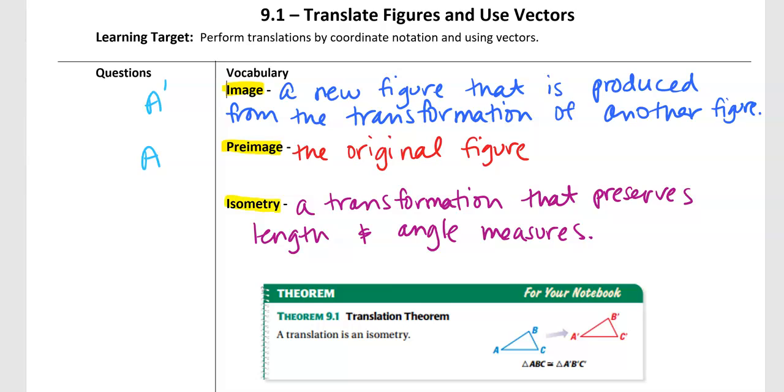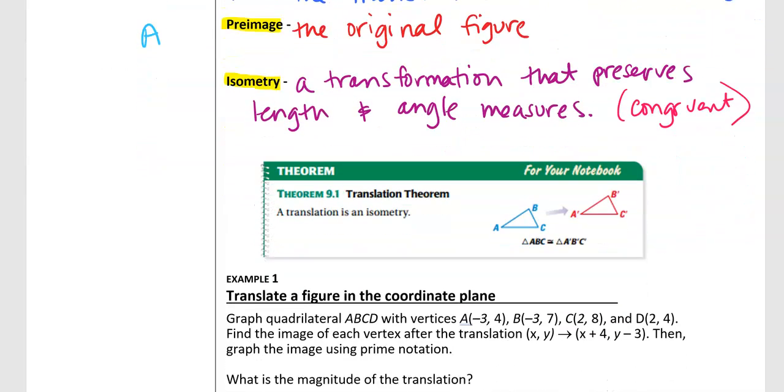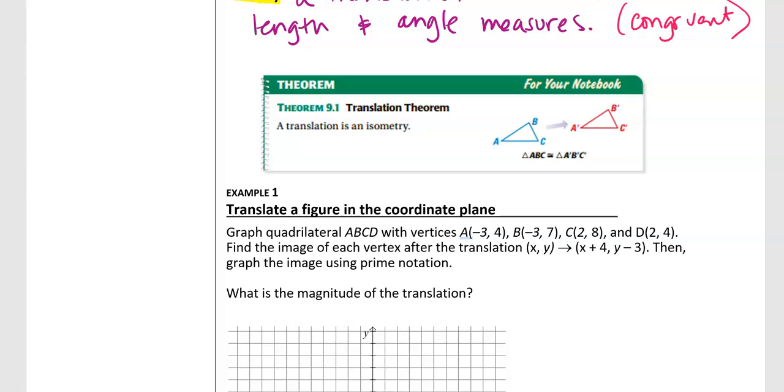The last word here is isometry, and isometry is a transformation that preserves length and angle measures. So with isometries, they're basically congruent shapes. So I'm going to write congruent here. And if you look at the next theorem, that is showing us an isometry with a translation.